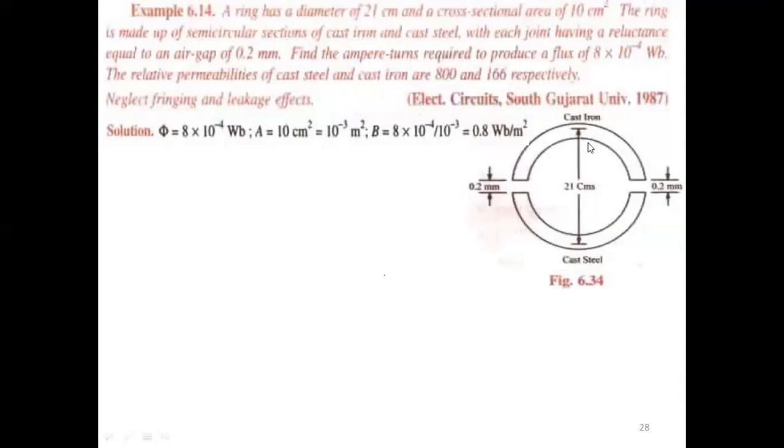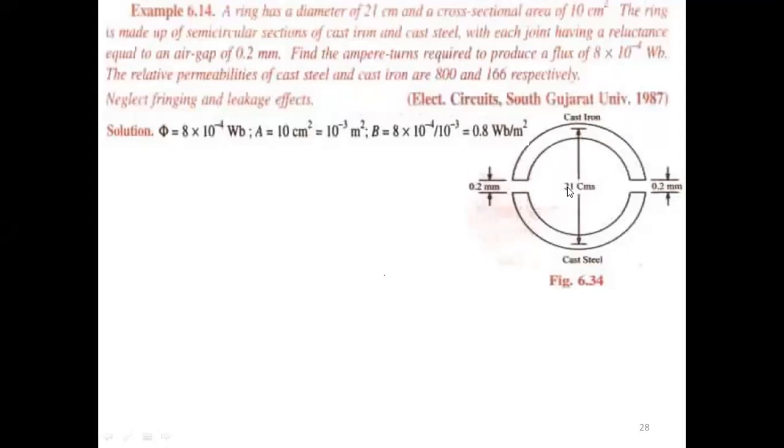Next, I will show the diagram. See here, this is the diagram. Here the iron part we are using, and here the steel part. Actually, a complete circle he has given. The diameter of the circle he has given as 21 centimeter.